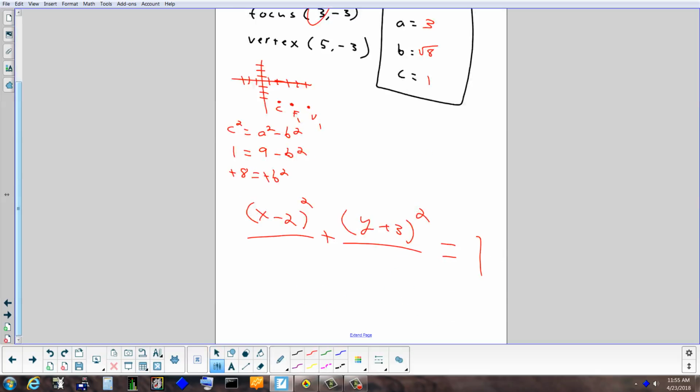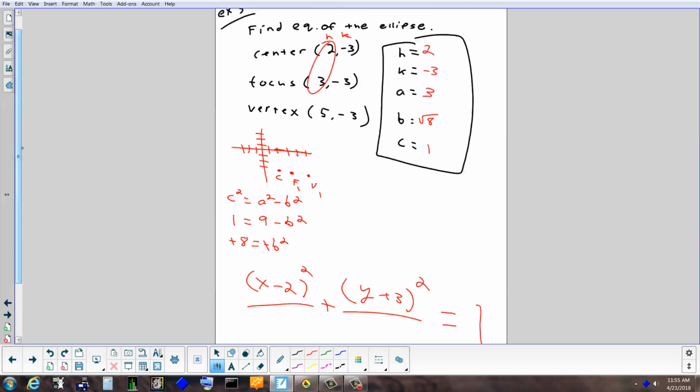So now we just have to decide where a squared and b squared go. Look at my points. The major axis is going to go right through them. So is the major axis horizontal or vertical? Horizontal. That means the bigger number should be under x. X is horizontal. So what number would I put under x?